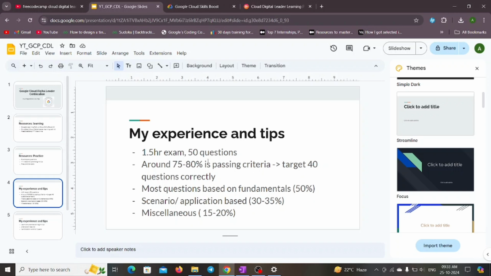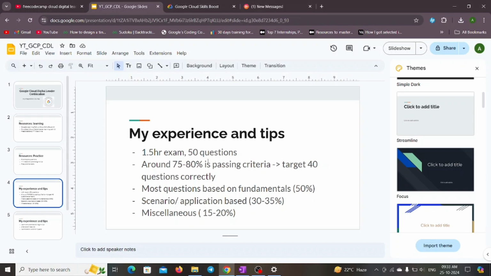Also, most of the questions, as per my experience, were based on the fundamentals of each of the services. Around 50% were mostly theoretical, and around 30 to 35% were scenario or application based, where we have to apply the concepts in a particular scenario.